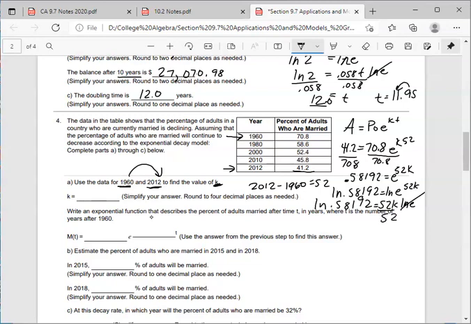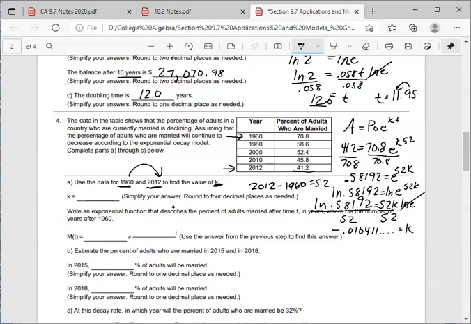So you're going to divide by 52. Yeah, it's negative 0.010411, and it keeps going. That's going to be K.